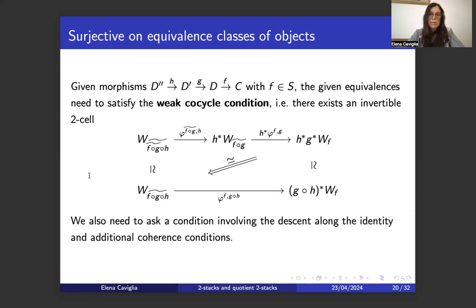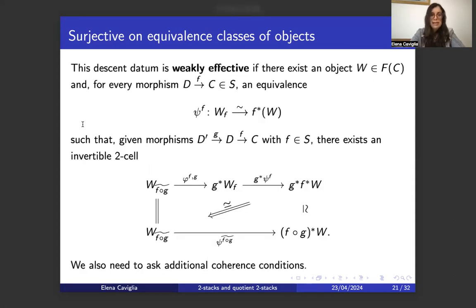And now we say that this weak descent datum is weakly effective if we can find an object W in F of C, and for every morphism in S, an equivalence between WF and F star W. So then this is weakly effective. Instead of an isomorphism, we get an equivalence.